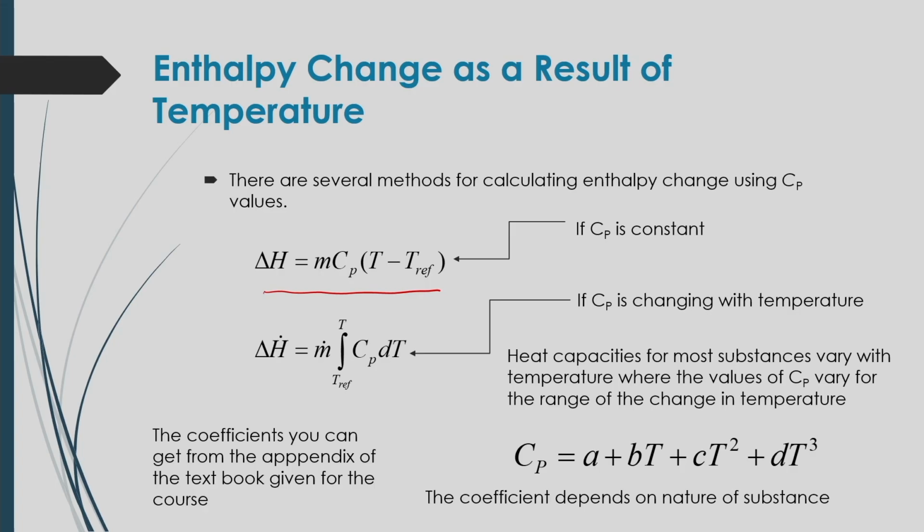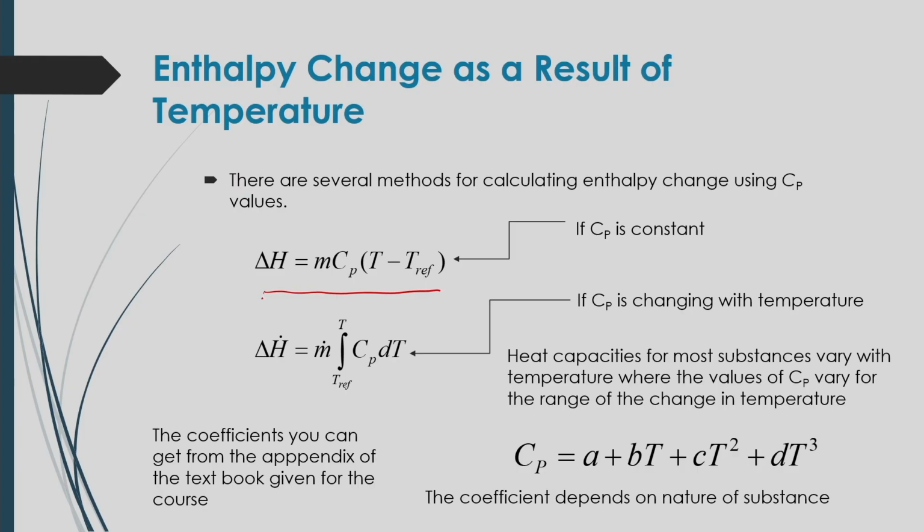Here delta H equals m times Cp times (T minus T reference). Suppose the temperature is increasing from T reference to a final temperature T, and you know the material property of its specific heat capacity at constant pressure, and also the moles or mass of that material.